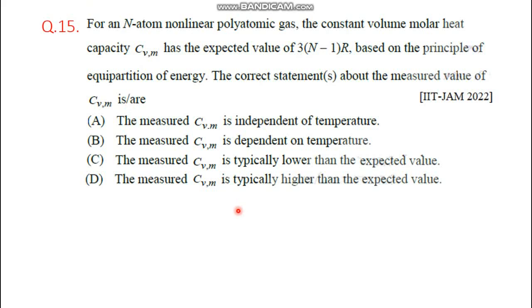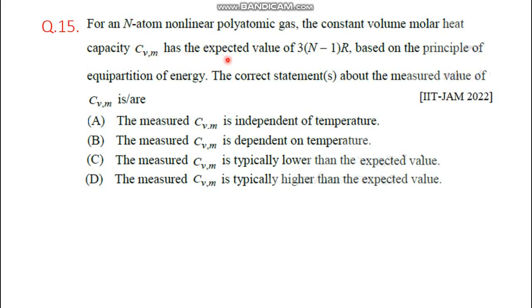The first question, as a continuation from the previous lectures, is question number 15 of this gaseous chapter. The question is, for an N atom non-linear polyatomic gas, the constant volume molar heat capacity, look here, I have said that some comma m is added, but we shall not write this, simply it is Cv.